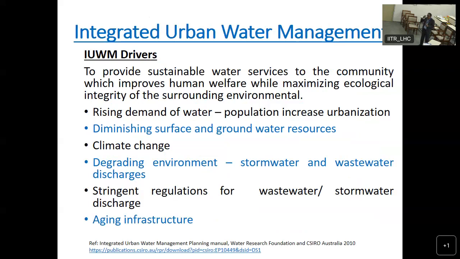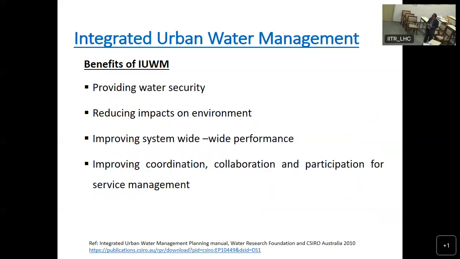These are some of the factors which are driving the use of integrated water management. And that's why we need some frameworks for how best we can plan for using an integrated water management approach.